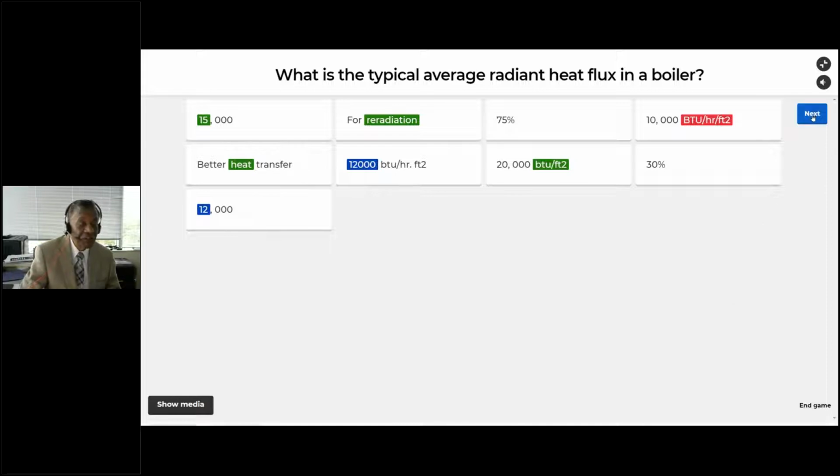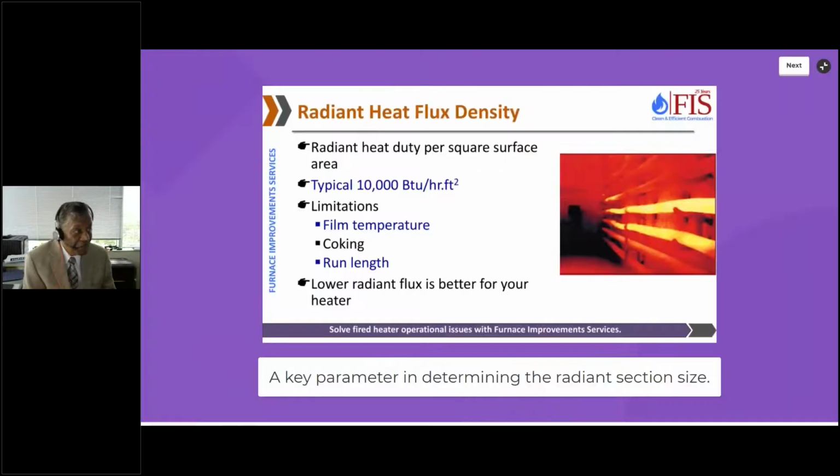But in fired heaters, we are processing hydrocarbons, and hydrocarbons can coke or crack. So all those things limit us to around 10,000 BTUs per hour per square foot. For those of you who do not know, flux is the heat duty per unit area, in terms of BTU per hour per square foot or kilocalories per hour per square meter.